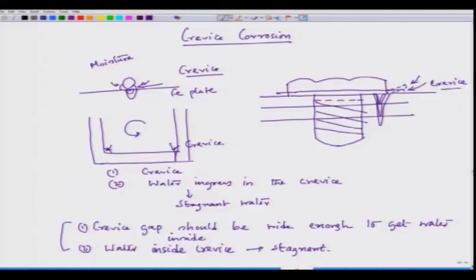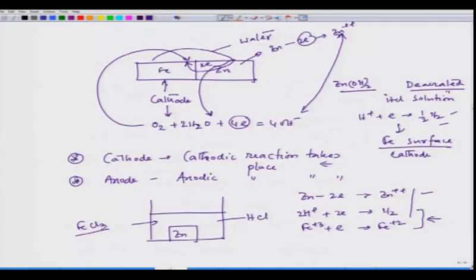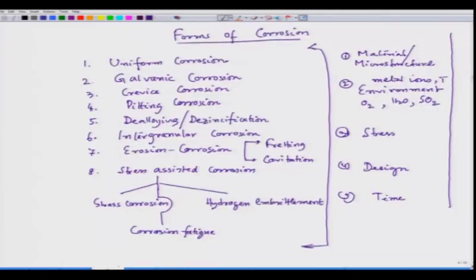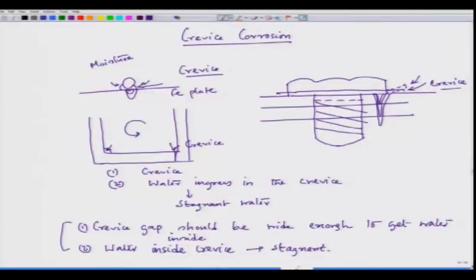Now, as we mentioned in the slides, if I go back to that slide, on the right side we have a factor called design. When we talk about the electrochemical nature of corrosion, design does not come into the picture, because electrochemistry talks about the rate at which anodic and cathodic reactions are going on. But when we talk about crevice, the design factor comes in very handy to control crevice attack.